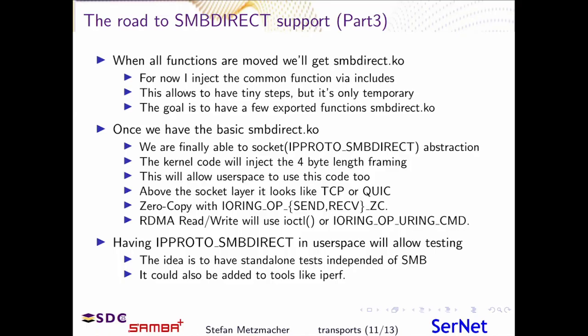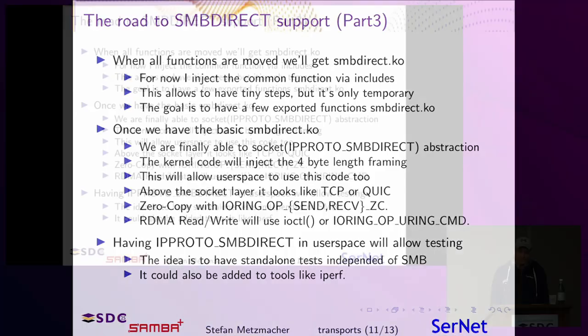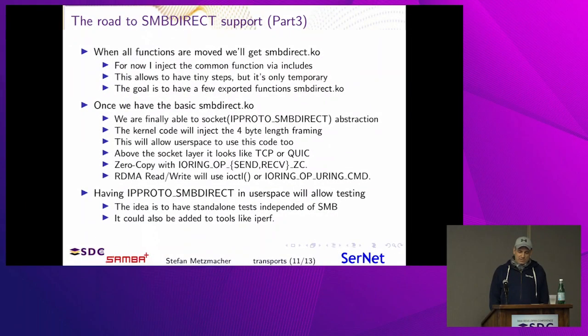Yeah, and having that IP proto SMB-Direct will also allow us to do some standalone testing. So currently we only test with quic.ko and KSMBD or against the Windows server. It would be good to have a standalone test suite, doing low-level socket testing and testing all the features and all edge cases and so on.